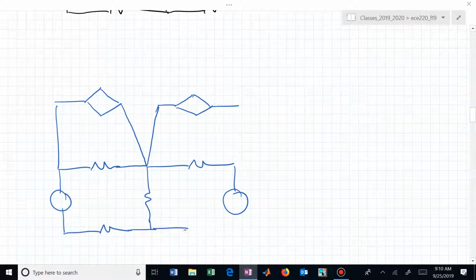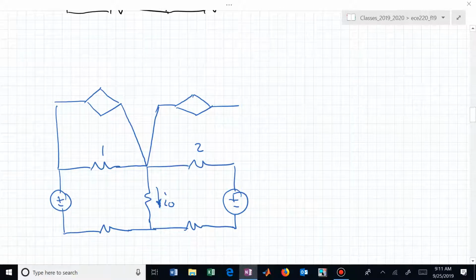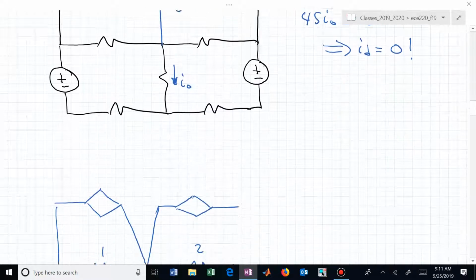Because I have a dependent source, I can't change, or I don't want to disrupt. I need to preserve this, and that's not I down. That was I sub 0. Here was, what, 2 and 1, and this is a source, and this was a source. And I think that was 4 and 3.